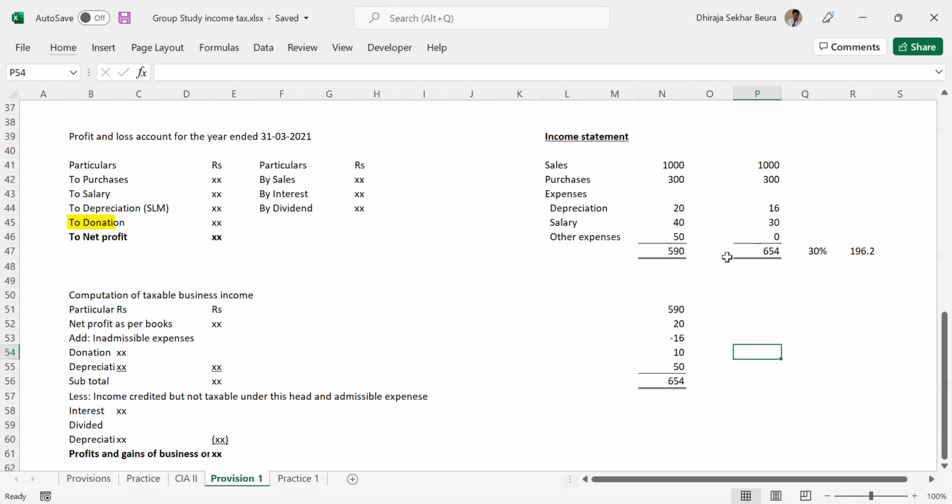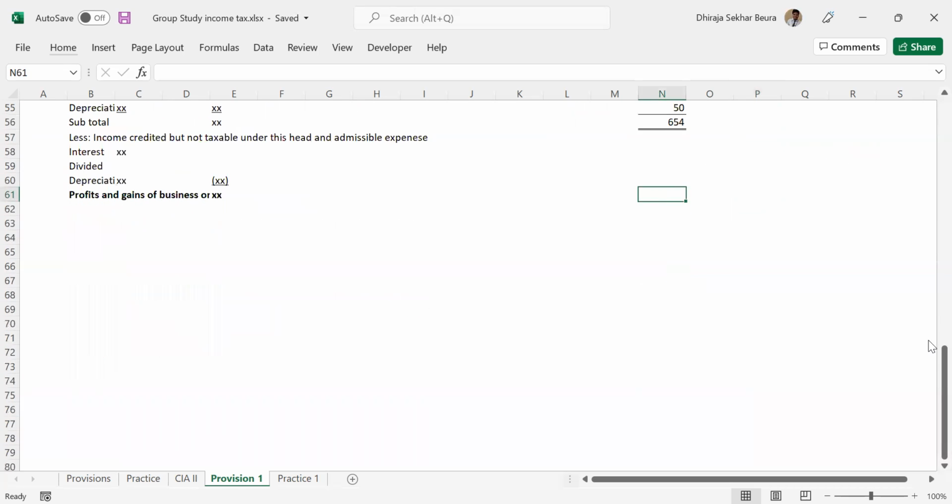Just for an example, let's talk about a simpler one. Suppose we have sales of 100 rupees. Then we have expense of 20 rupees. Your income is how much? 80, right?